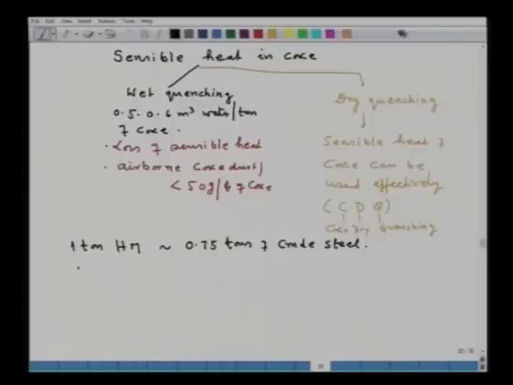Now, 1 ton of coal can produce 700 kg of coke.